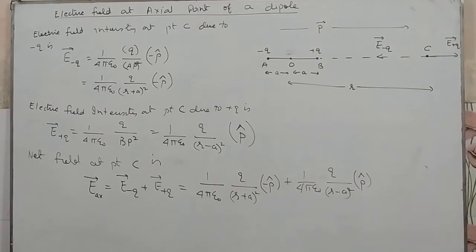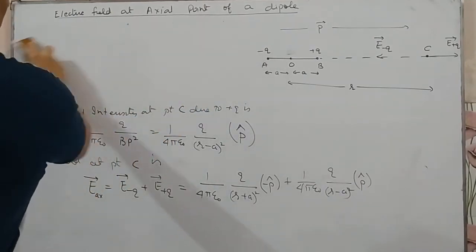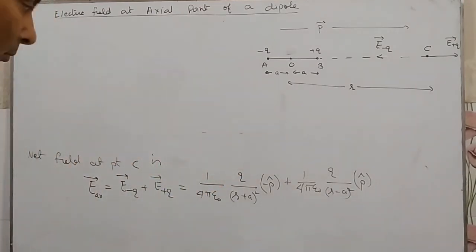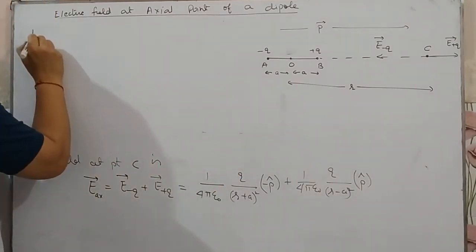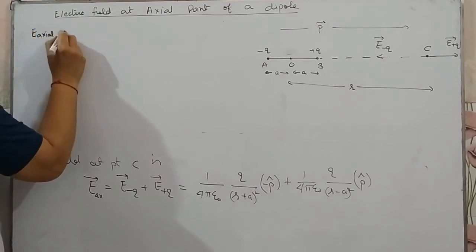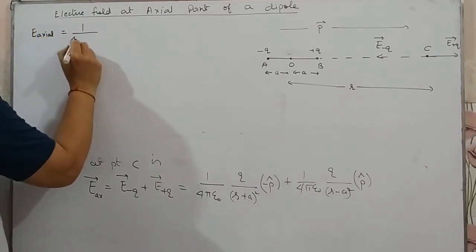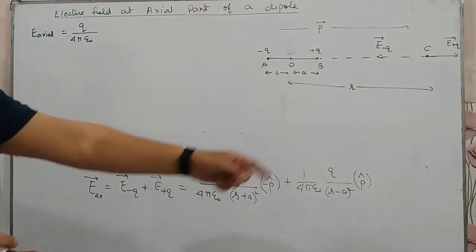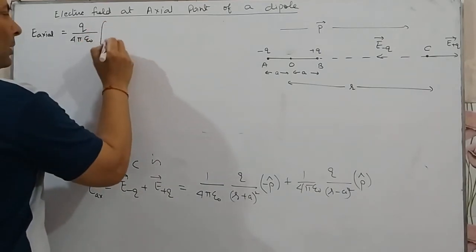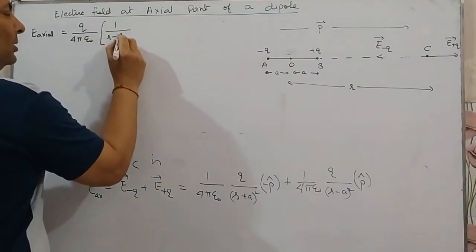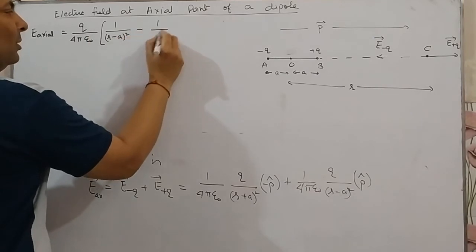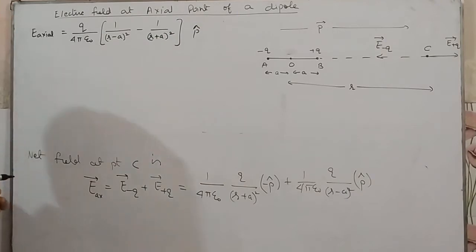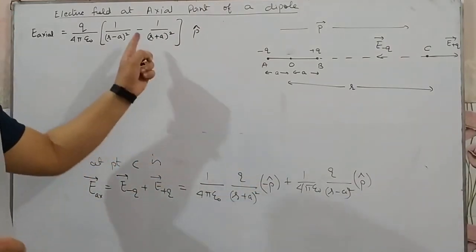So next step. E axial is equal to 1 upon 4 pi epsilon naught. You can take q common from both. Then we can see that 1 upon (r minus a) square is positive, and 1 upon (r plus a) square is negative. So we are writing it in this form. We included a negative sign, that's why it is here.